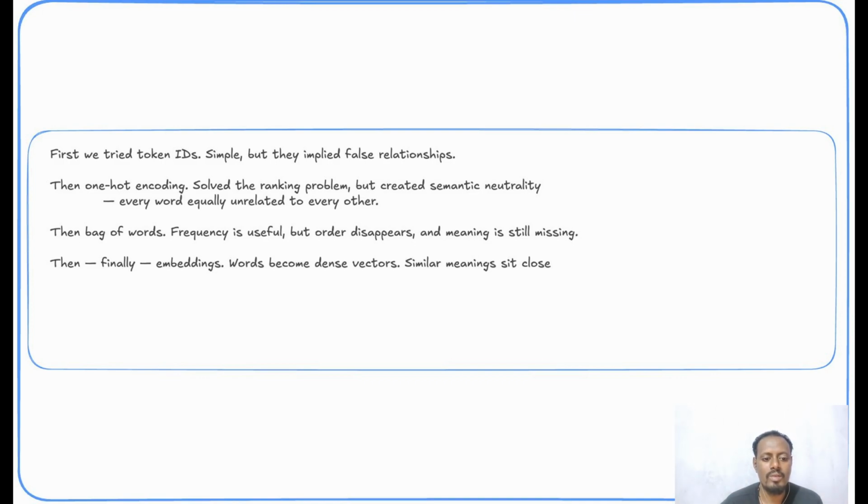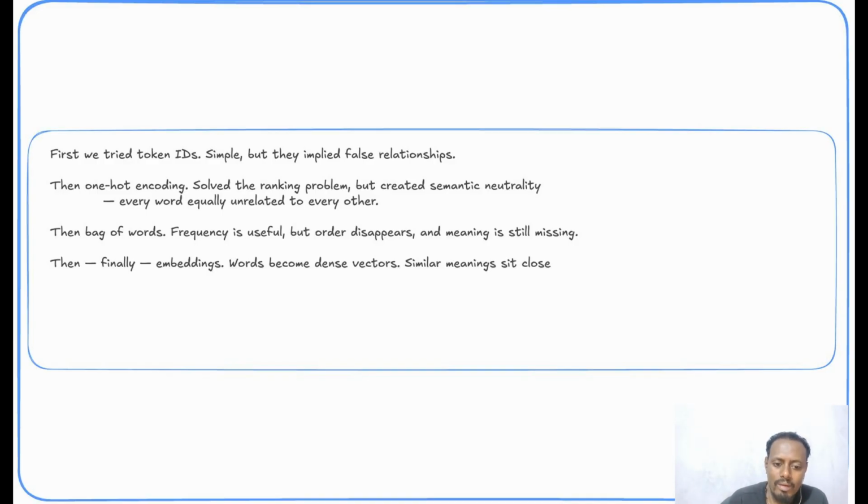Suddenly, the model can do something remarkable. It can reason about relationships. King minus man plus woman equals queen. Beijing minus China plus Japan equals Tokyo. Genuine semantic meaning, encoding geometry, distance and direction in a mathematical space.